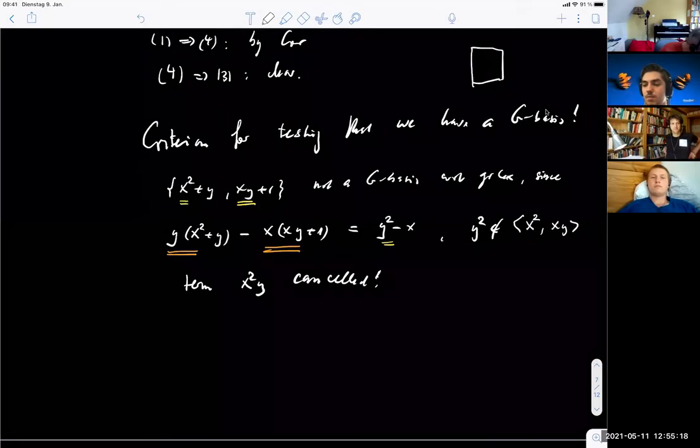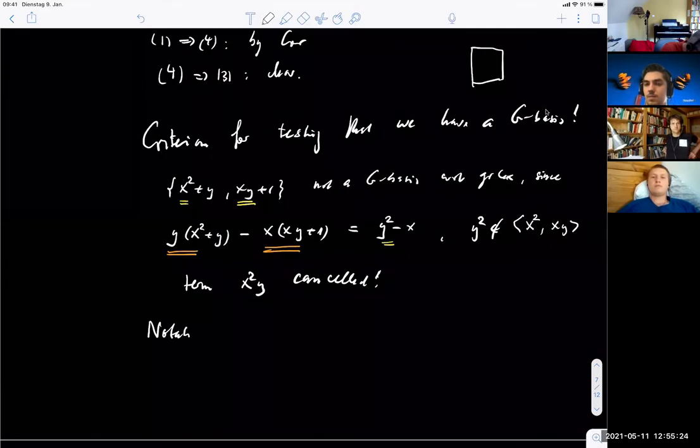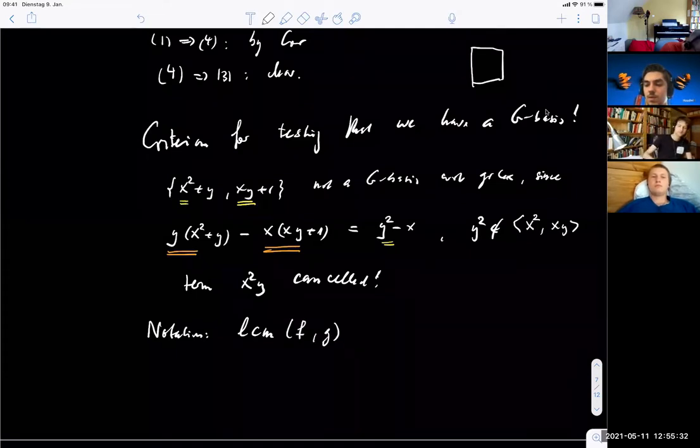Notation. The least common multiple of two terms or of two polynomials I denote this way. In German, KGV, kleinstes gemeinsames Vielfaches.